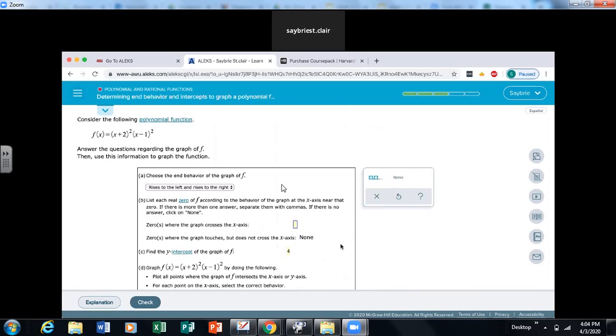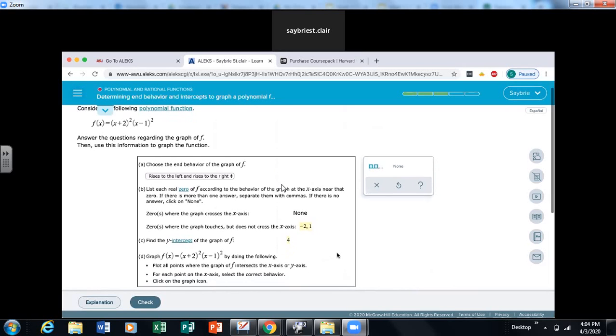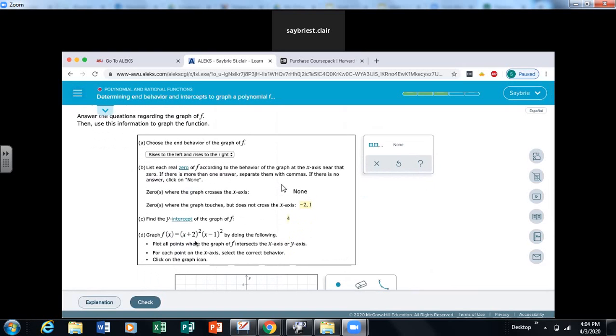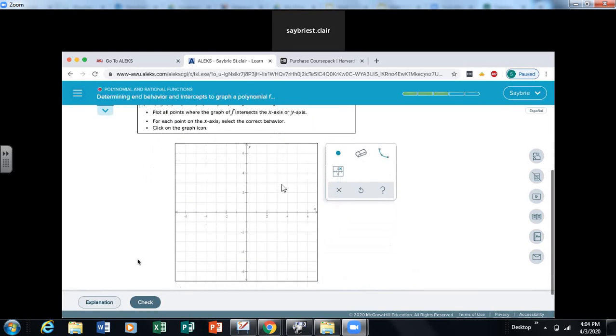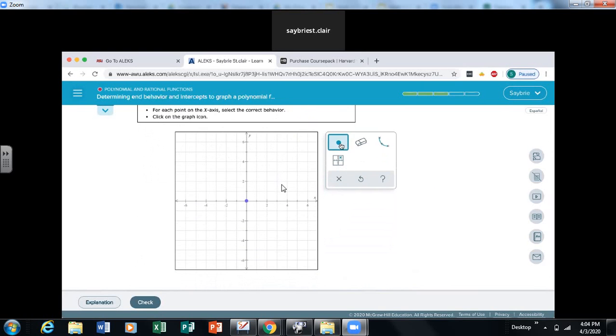Oh, not that one. That top one's none. And then that's definitely got 2 spots, -2 and 1. Y-intercept looks like 4. Now graphing it. And it sure is easier graphing looking at the Desmos picture.